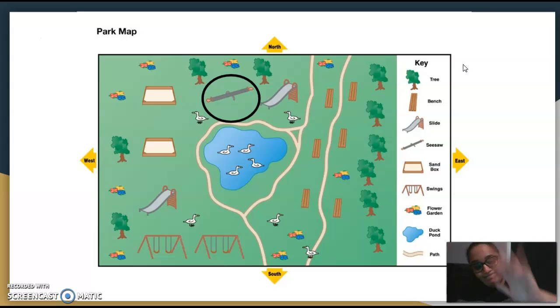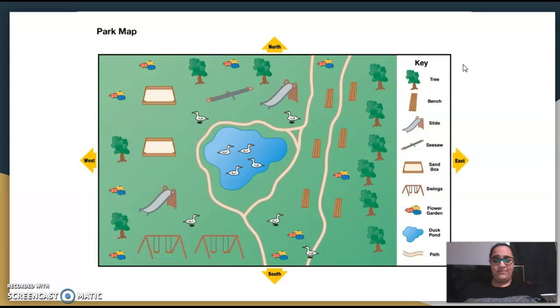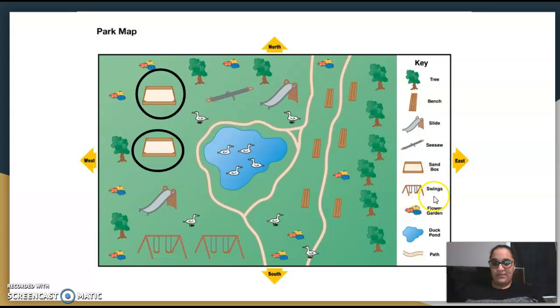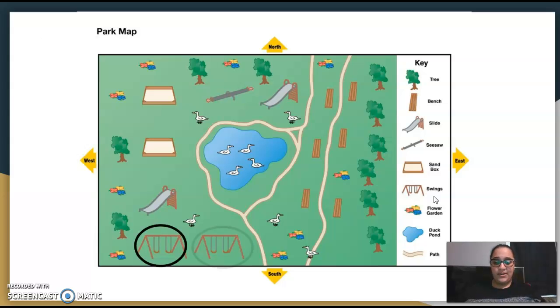Good job. All right. How many sandboxes are there? Now we're already here by sandbox. How many sandboxes do you see? 2. Good job. How many swings do we have there? 2 again. Good job. 1, 2.